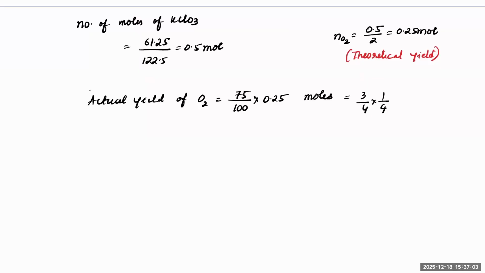And therefore 3 by 16. The volume of O2 at STP will be equal to 3 by 16 into 22.4 at STP. Okay. So how much is it? 4.256 liters. Please go through it once quickly.